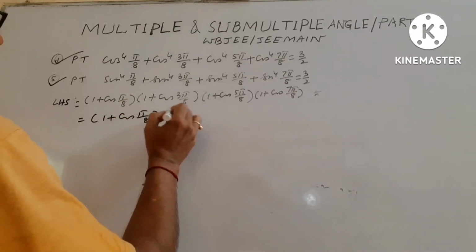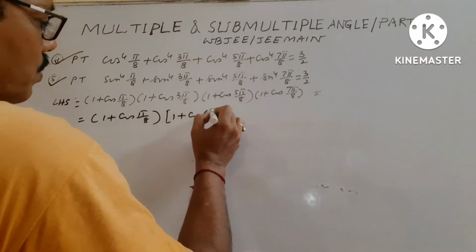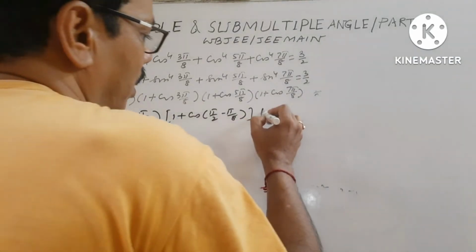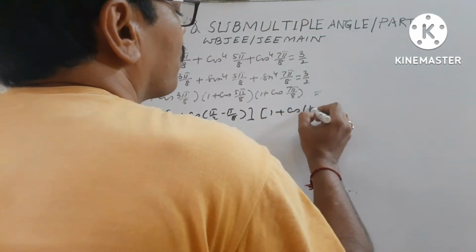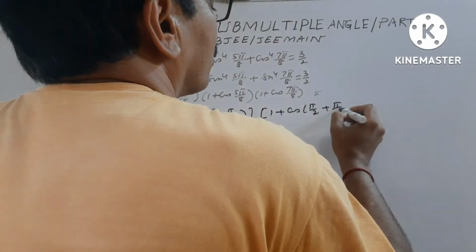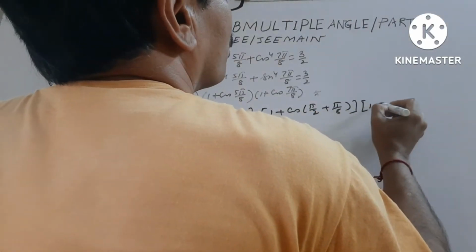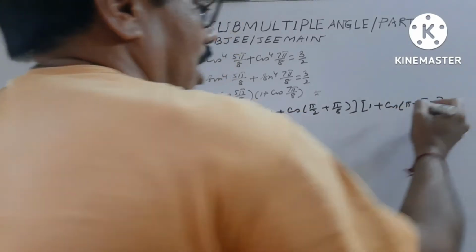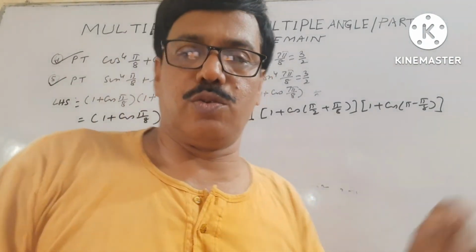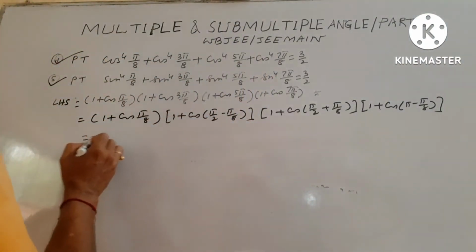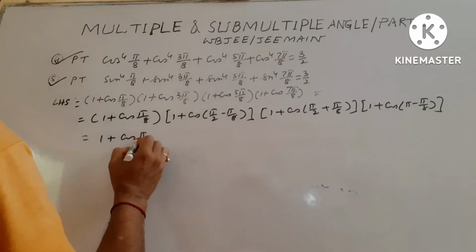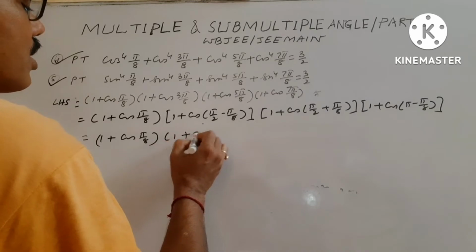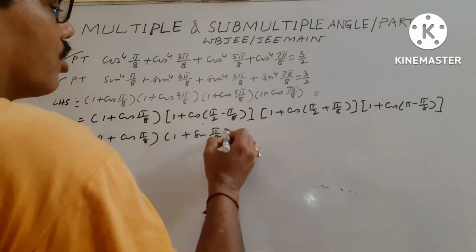We have already deduced that 3 pi by 8 is pi by 2 minus pi by 8, and 5 pi by 8 is pi by 2 plus pi by 8, and 7 pi by 8 is pi minus pi by 8. I have already deduced this one. Now 1 plus cos pi by 8 is unchanged. So cos of pi by 2 minus theta is sin theta, sin pi by 8.